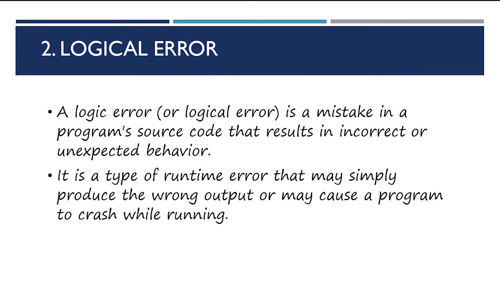So the second one is logical error. A logical error is a mistake in the program source code that results in incorrect or unexpected behavior. It is a type of runtime error that may simply produce the wrong output or may cause a program to crash while running.